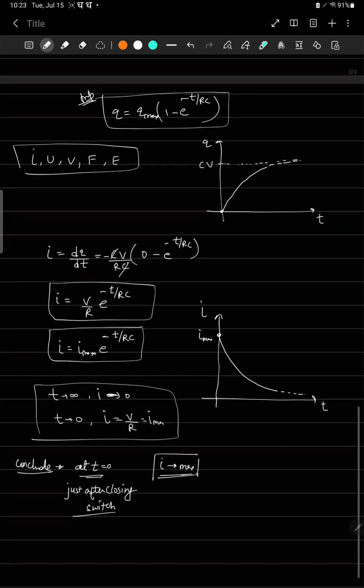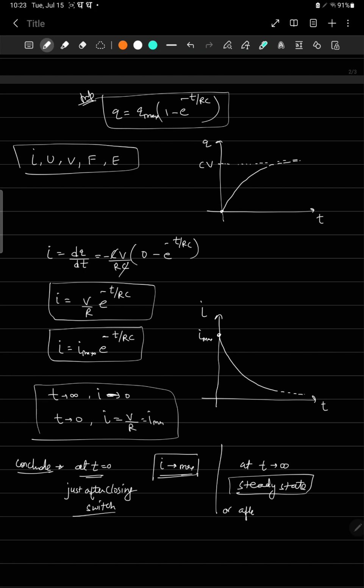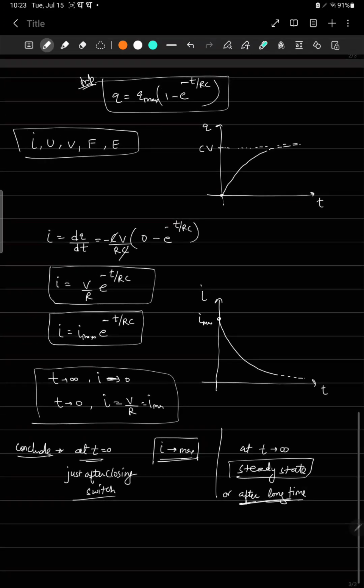And when we say t tends to infinity, it means the steady state. Steady state means there is no flow of charge, that we already know. Or in the language, sometimes they say after a long time. So after a long time, what do we say? That the current becomes 0.